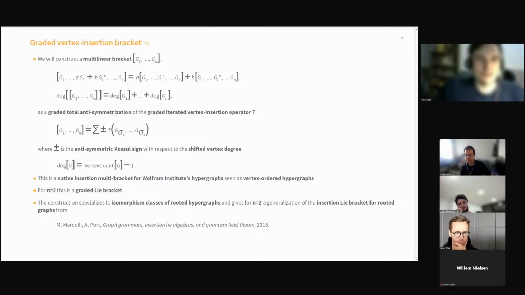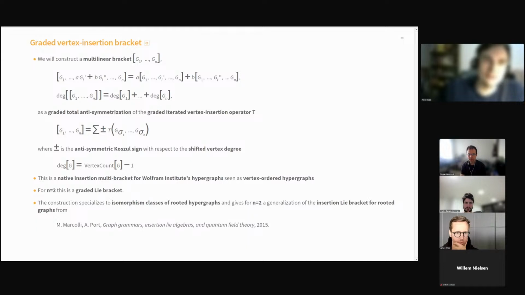This bracket is just the anti-symmetrization of this operator with respect to the inputs. The plus or minus is the so-called causal sign, which I will explain later. And finally, the degree is the shifted, or suspended, vertex degree. So it's the vertex count minus 1.